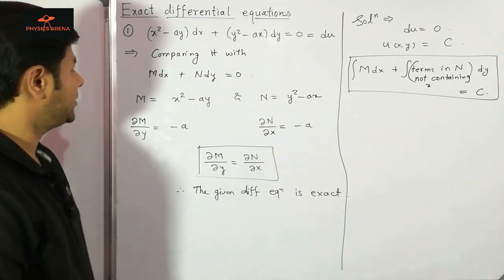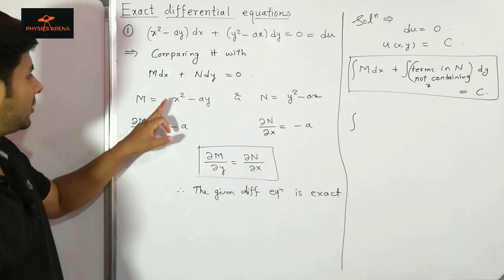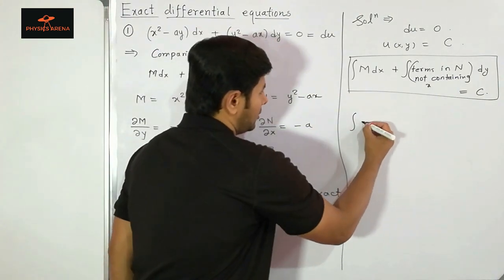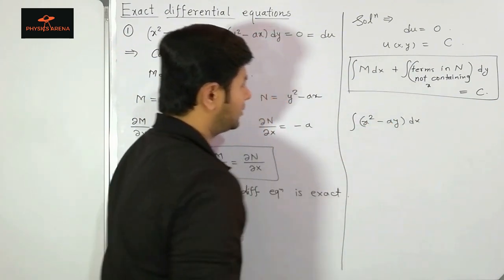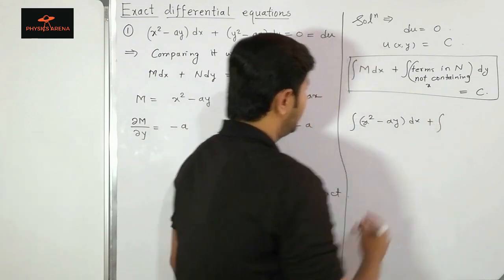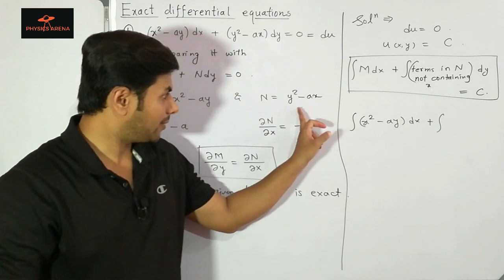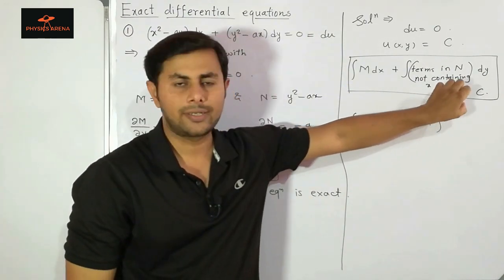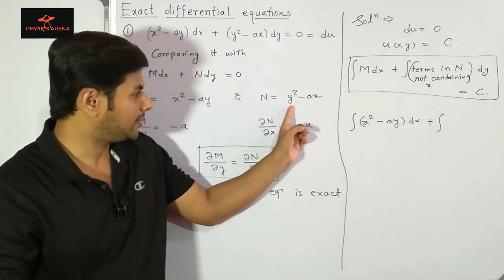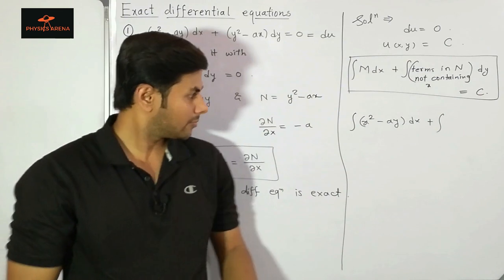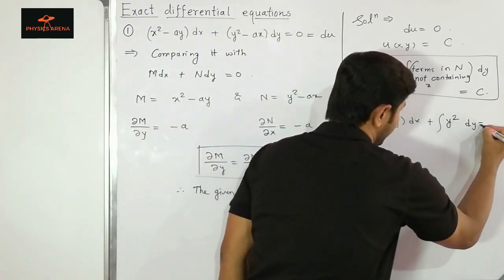Okay, so let's find that solution. So we have m equals to x square minus ay. So integral of (x square minus ay) dx plus, there are two terms in n, y square and minus ax, and we want terms in n which do not contain x. So there is only one such term, which is y square. So here we will have y square dy, and this is a constant.